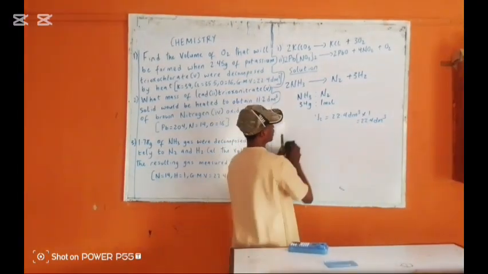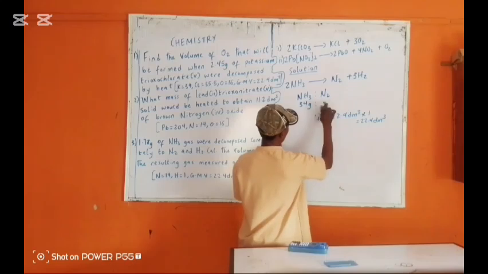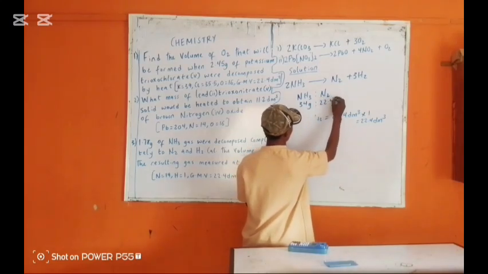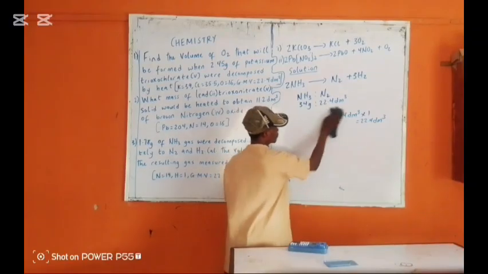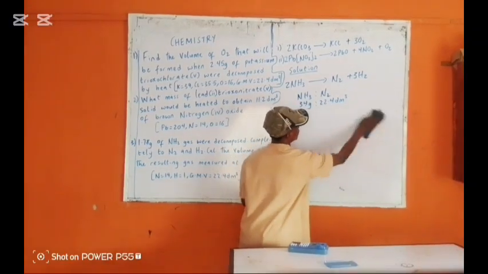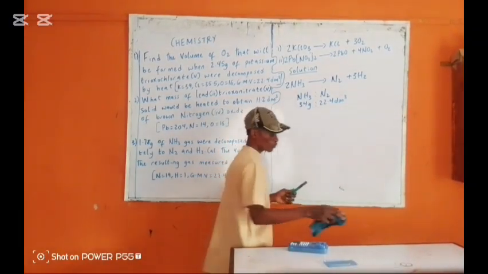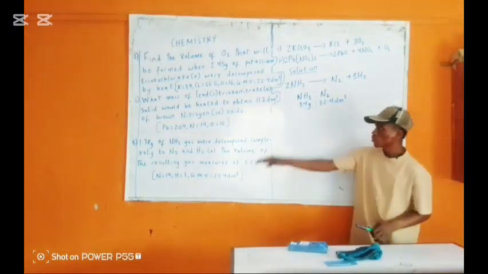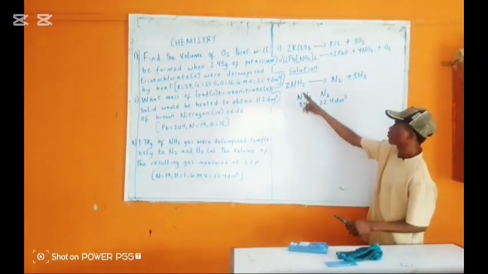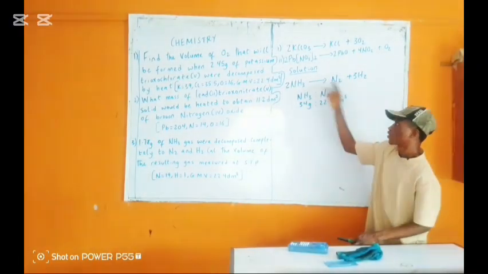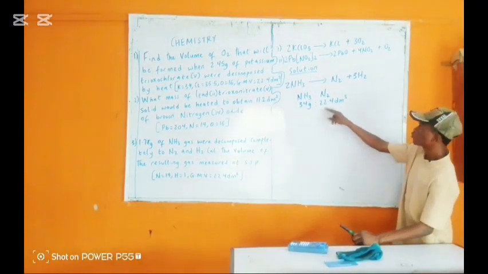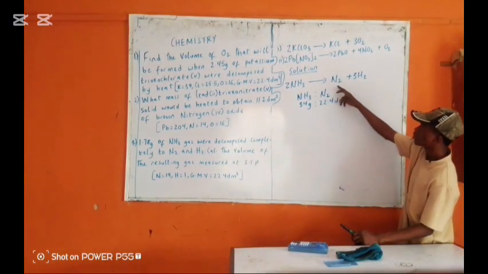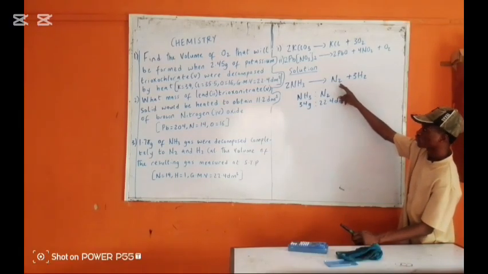Now, from this equation, when we make use of 34 gram, 22.4 dm cube of nitrogen gas is produced.